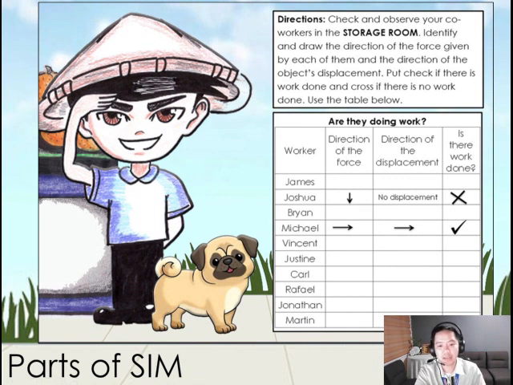Next, parallel to the given activity, they have to put the arrows here. For example, they have to determine if James is doing work or not. They have to write the direction of the force and the direction of the displacement. There, they can determine if there is work done or none by James.